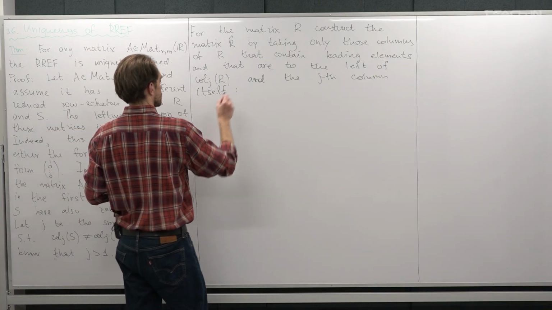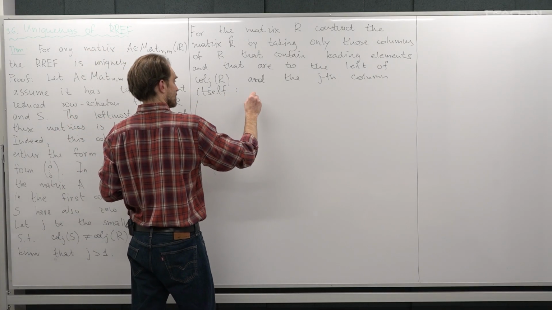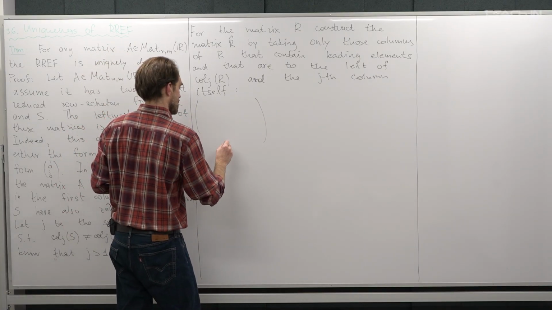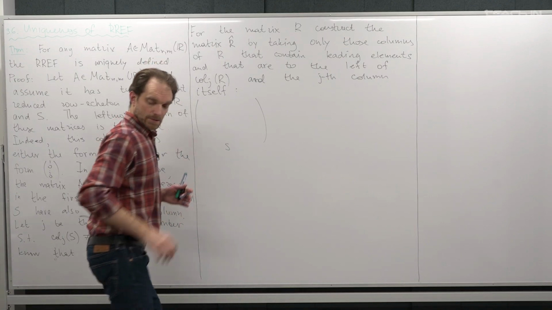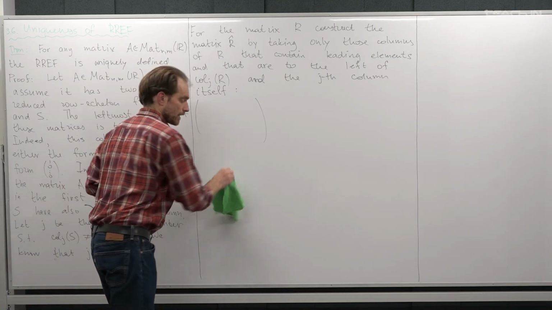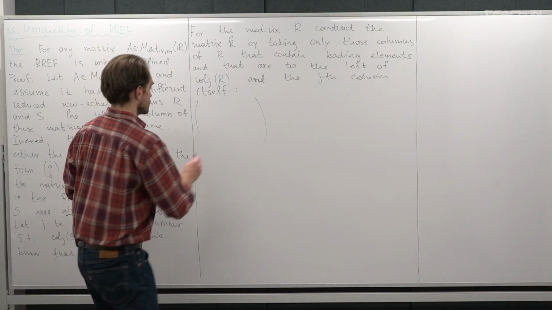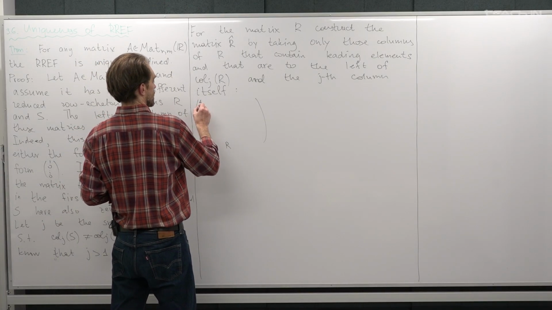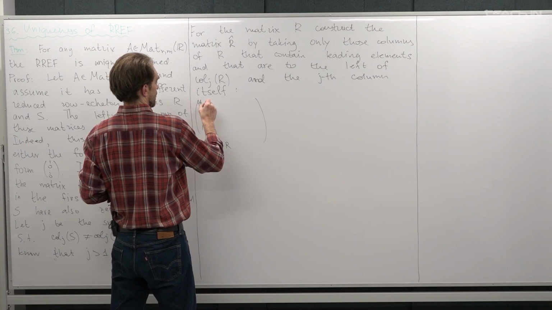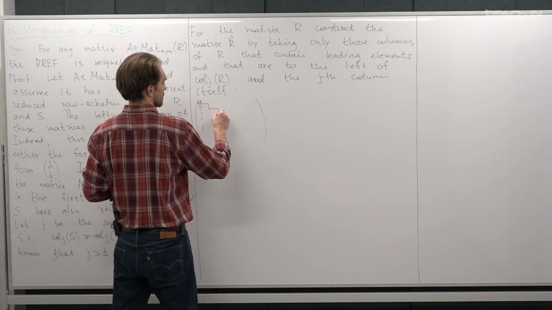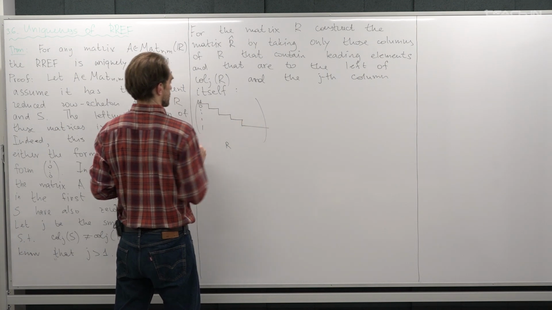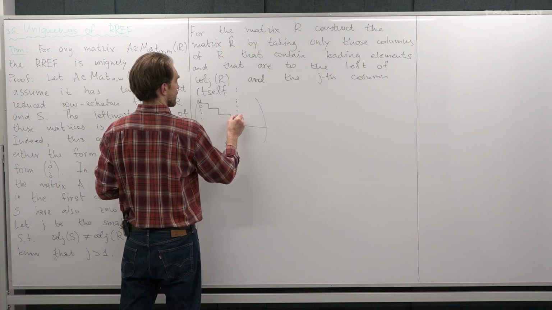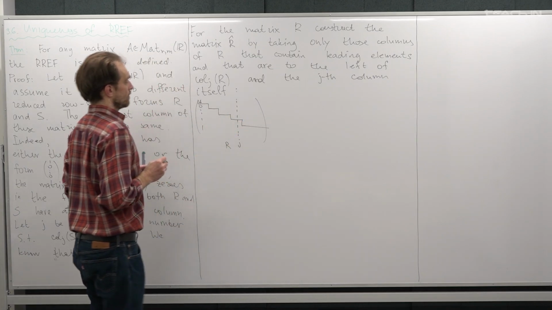So what does this mean? Let me consider a diagram. So if this is our matrix R that has reduced row echelon form, we have, for example, 1 and then zeros here, and we have something here. So we have this staircase structure, and somewhere here we have the jth column.